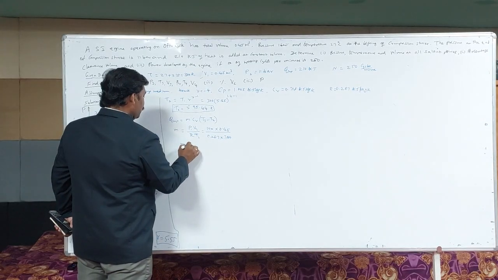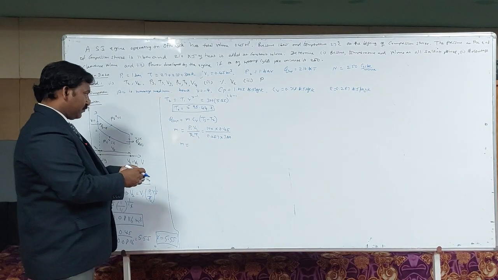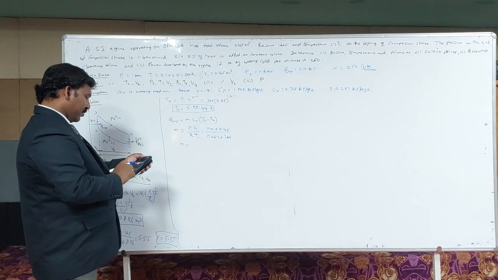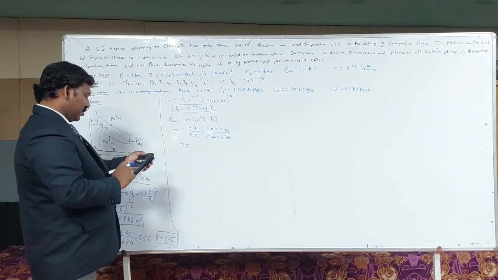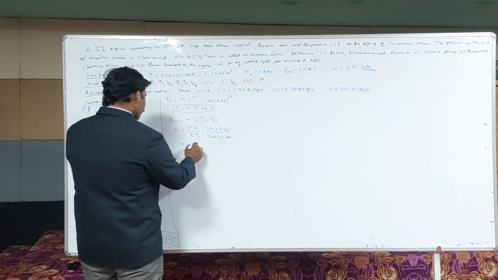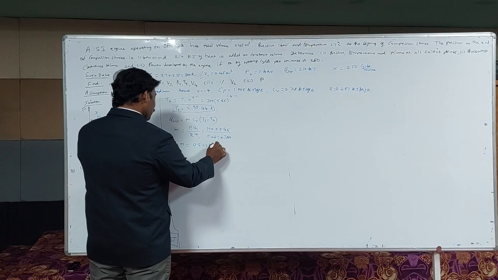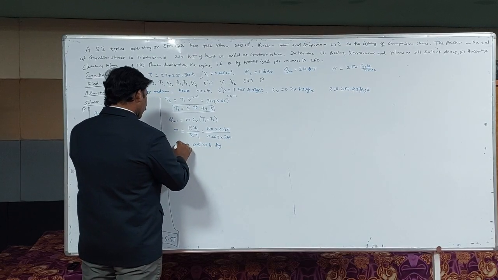So I will get the mass of air handled is equal to 100 into 0.45 divided by 0.287 divided by 300, which is 0.5226 kilogram of air per cycle.